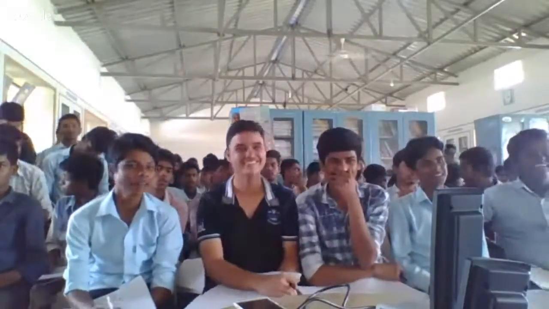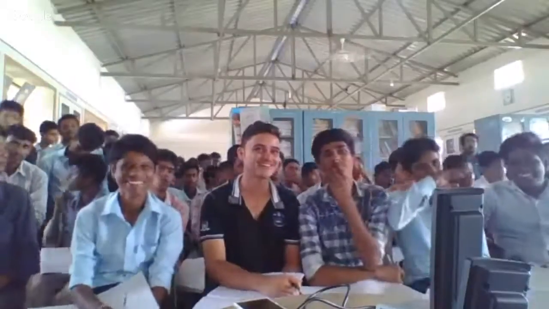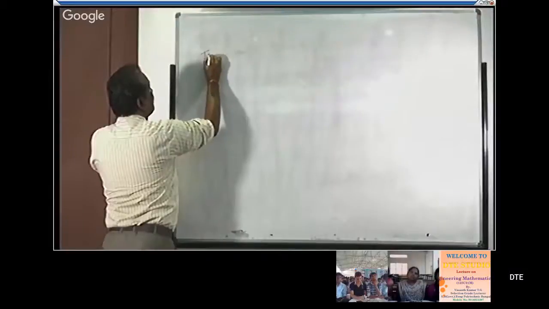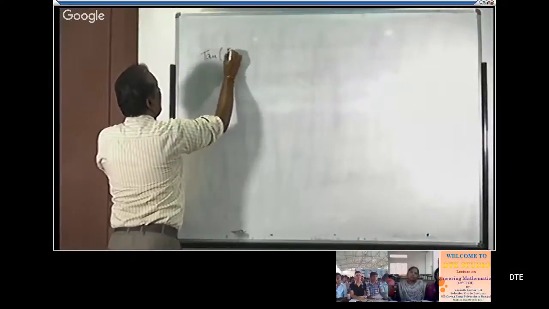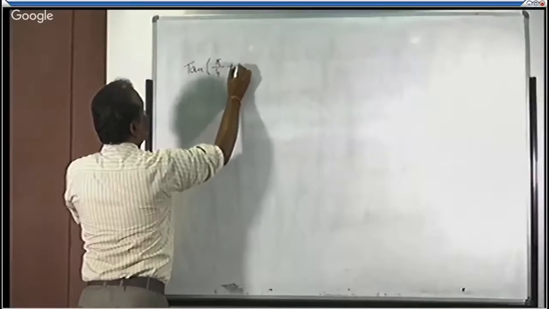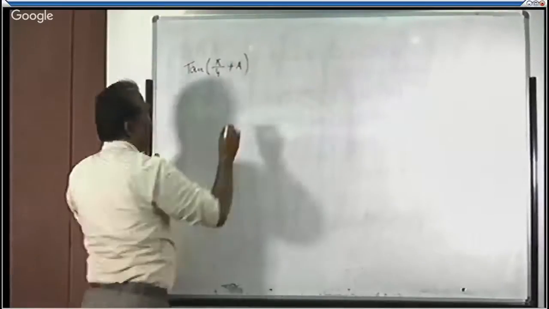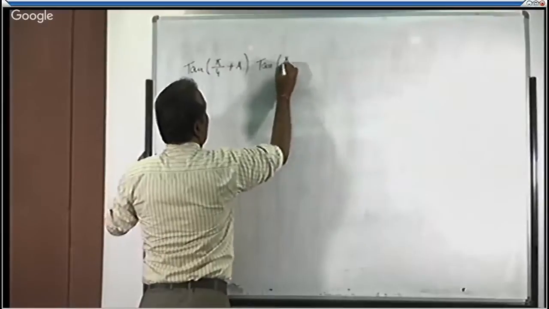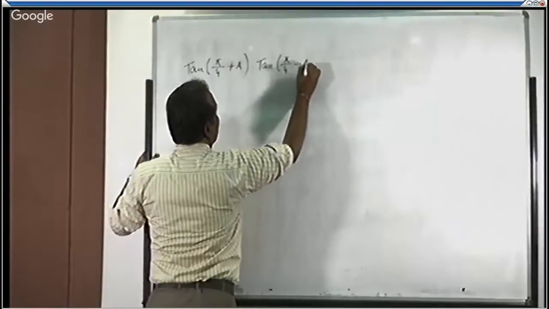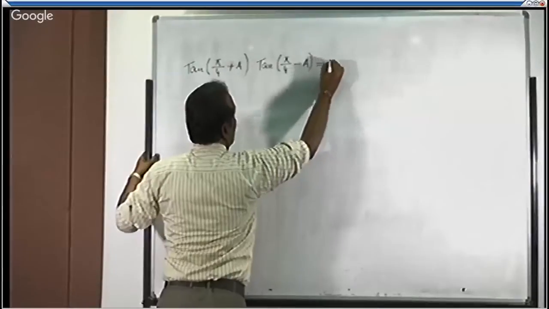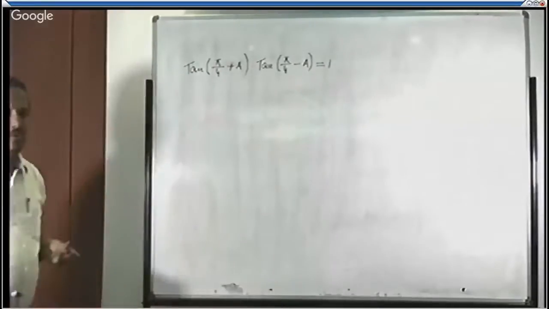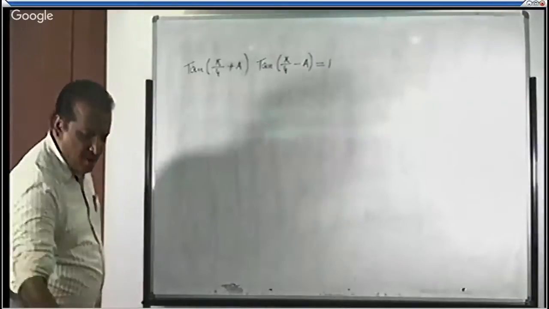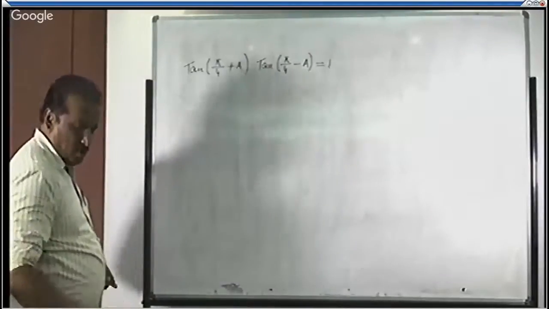Now, move on to the next problem. Prove that tan of pi by 4 plus a into tan of pi by 4 minus a is equal to 1.